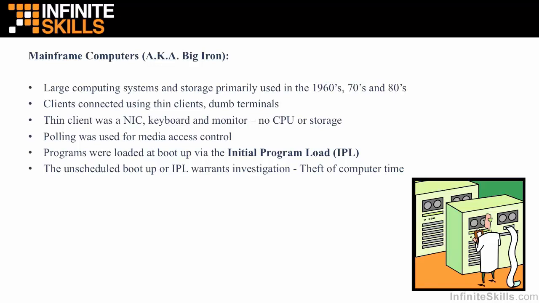No, you do? Okay, transmit. I'll start working on that. I'll come back to you in a little while. Go to the next guy, go to the next guy. So through a polling process, the mainframe would query each client and see if that client had something to send upstream to the mainframe computer.